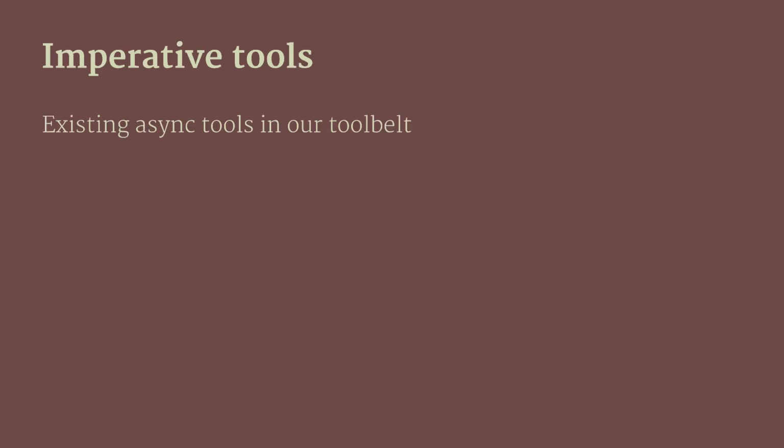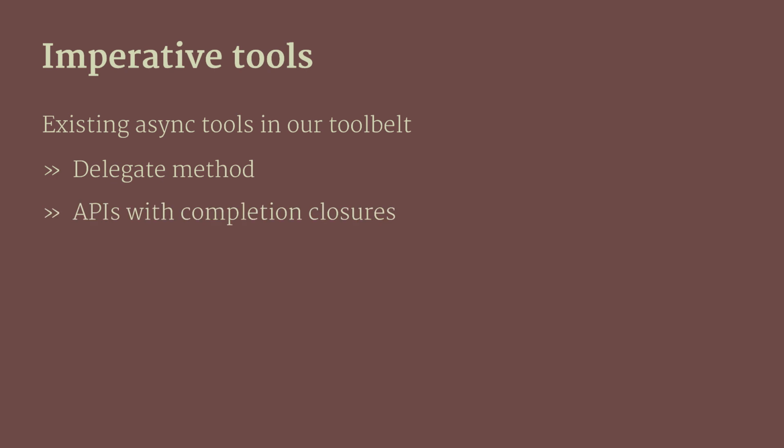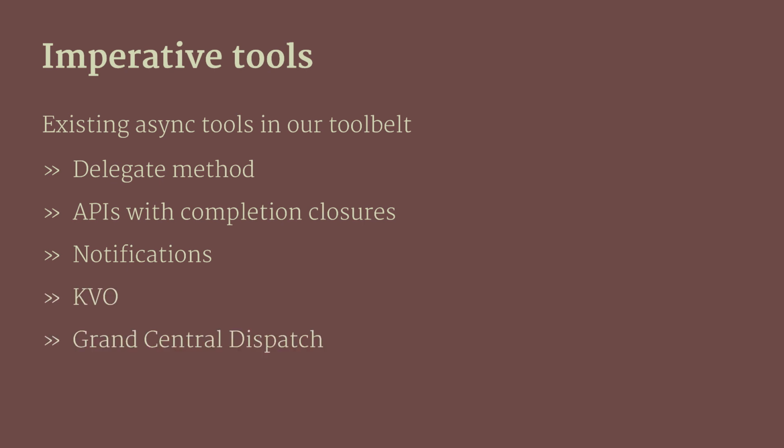So these are the existing tools in our tool belt, right? Delegate methods, APIs with completion closures, notifications, KVO, Grand Central Dispatch, UI control events, and there are others, right? These are all asynchronous tools for handling asynchronous events.